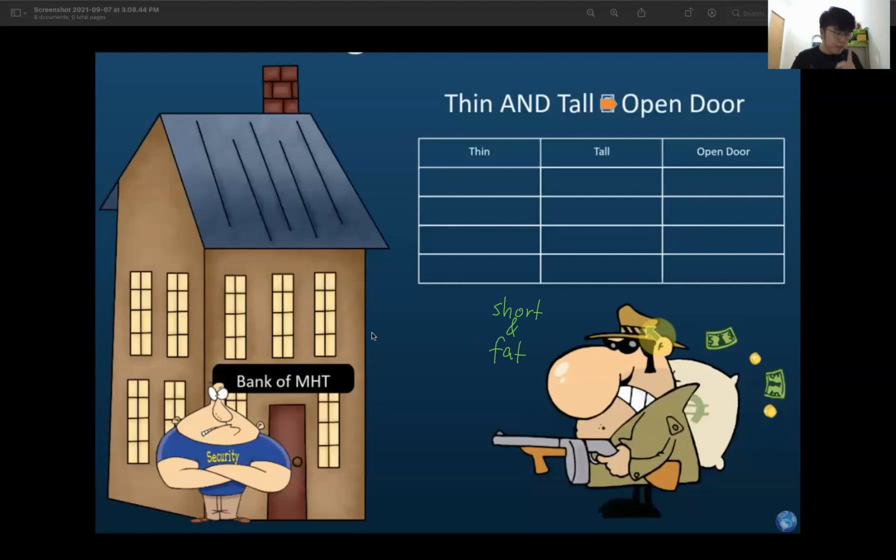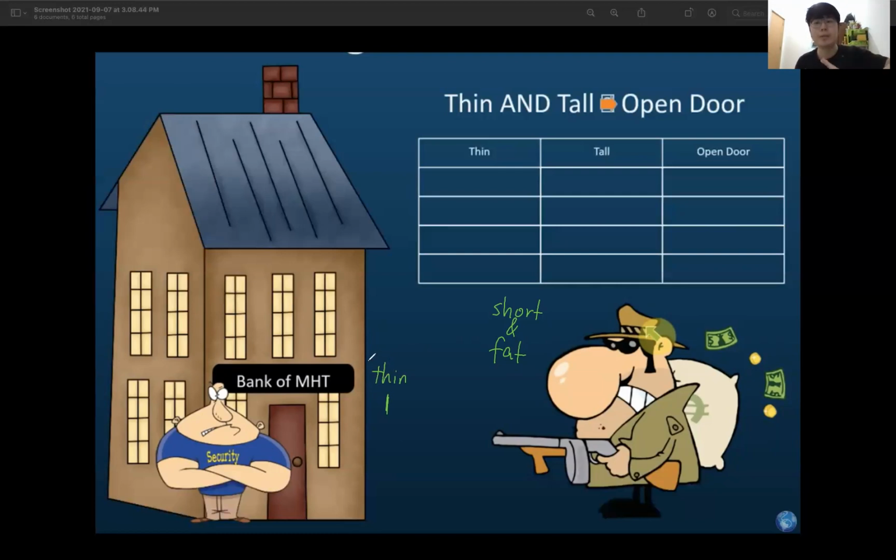Now, let's say the first person comes. We are going to set a reference that if the person is thin, then we will put a 1. Just like the 1 0 1 0, we are going to take it as binary. Binary means it's either this or that.